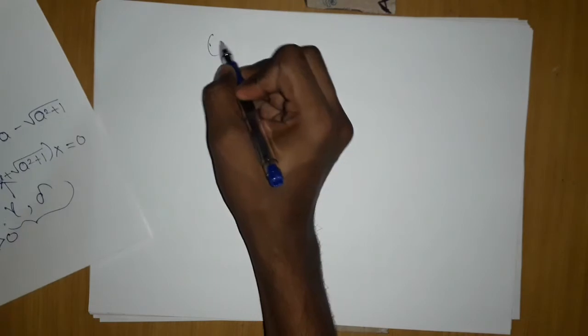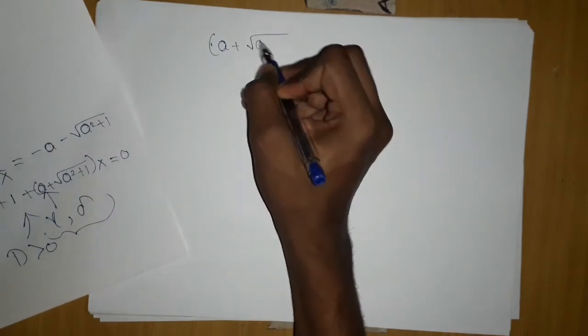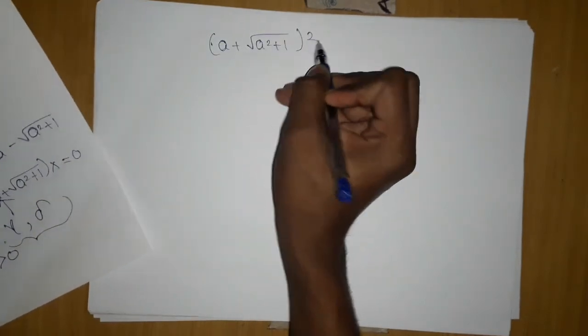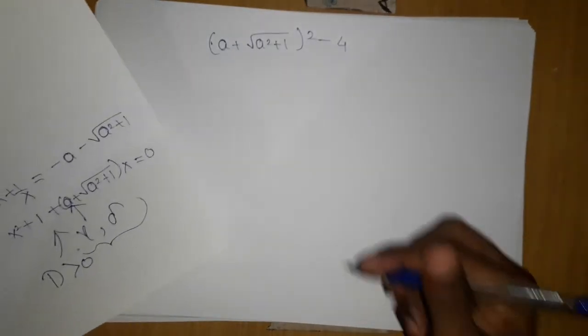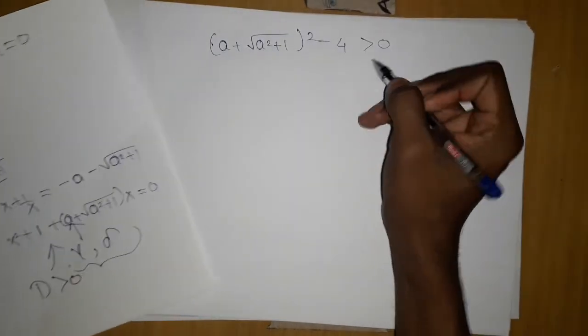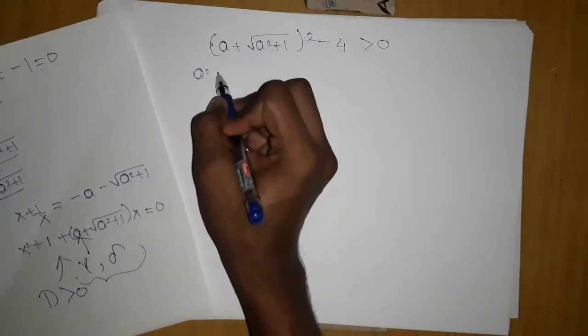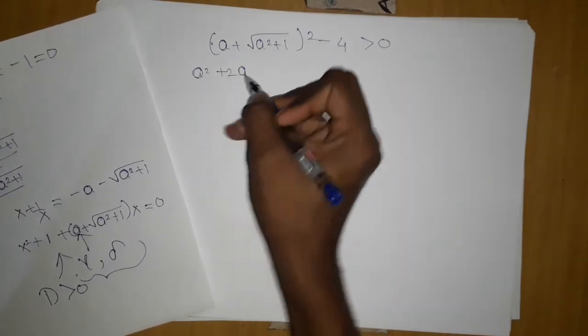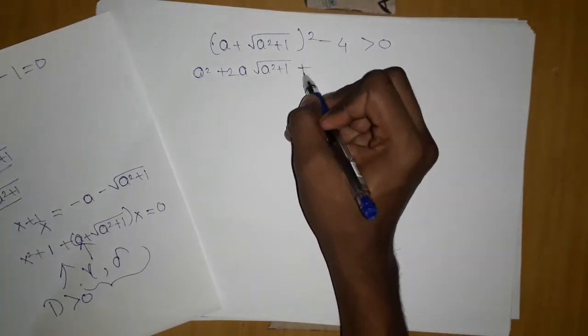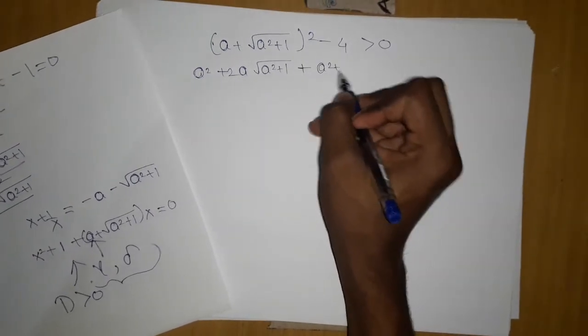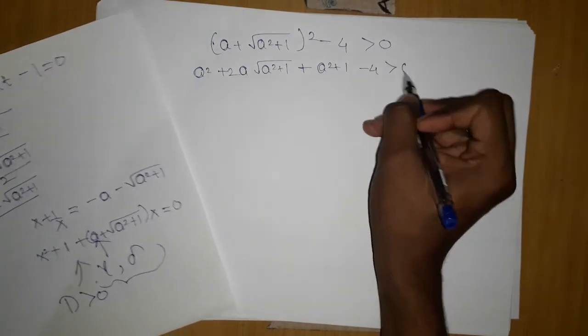We will apply this condition. Let me take the next page. So what we are getting: a plus under root a square plus 1, the whole square, minus 4, should be greater than 0. That is a square plus 2 into a into under root a square plus 1, plus a square plus 1, minus 4, greater than 0.